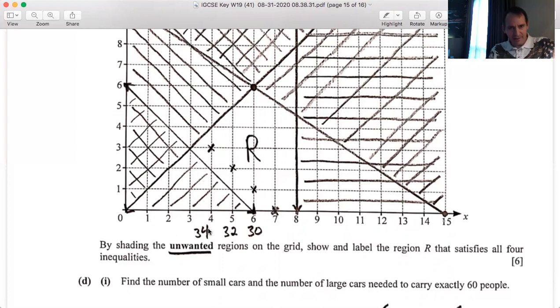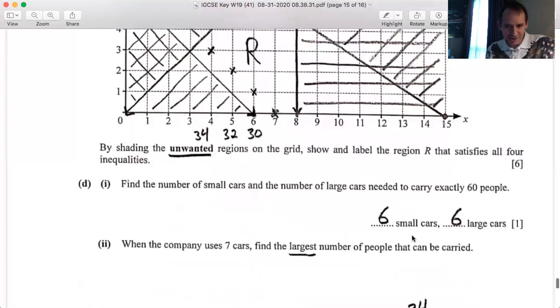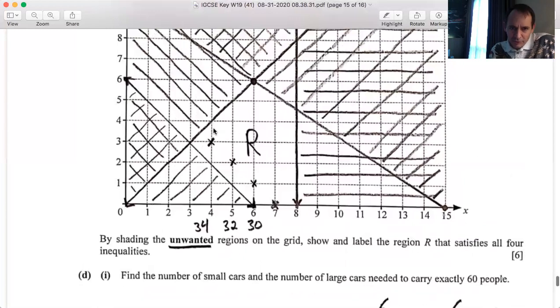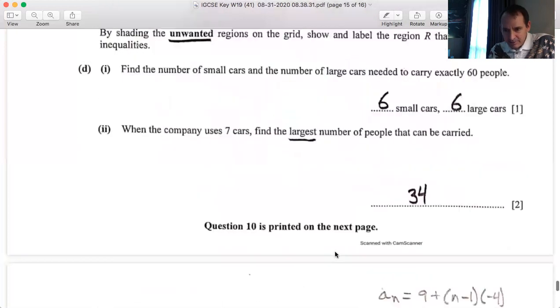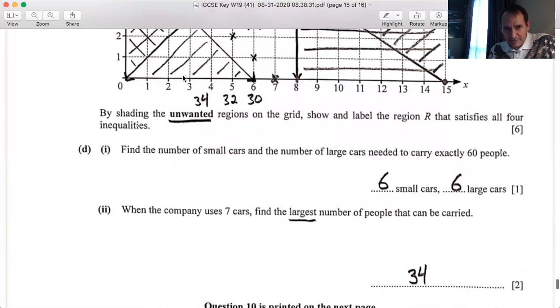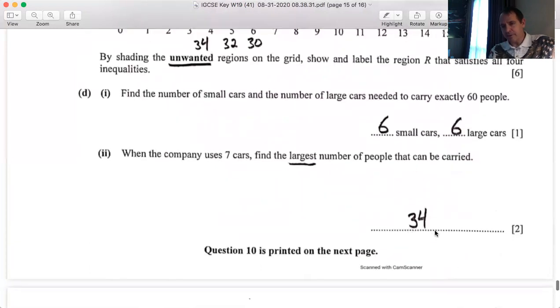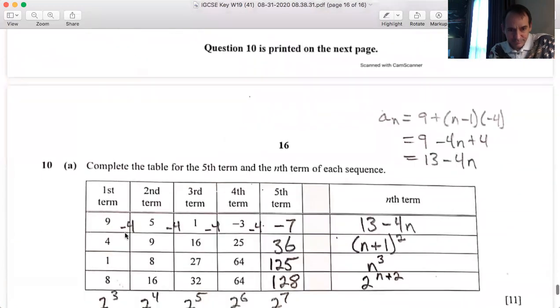And if you calculate the 4 and 3, you get 34. Again, this should make sense because you're looking for the largest number of people. So most likely it's the higher of the coordinates, 4 and 3. And it gives us a total of 34 people. The largest number of people you can carry is 34 with 7 cars.